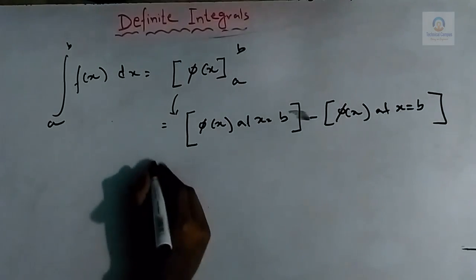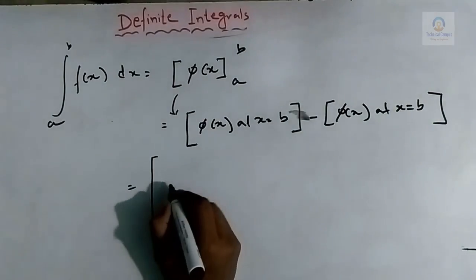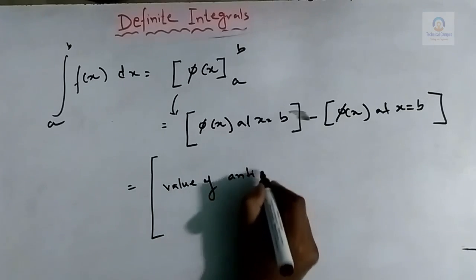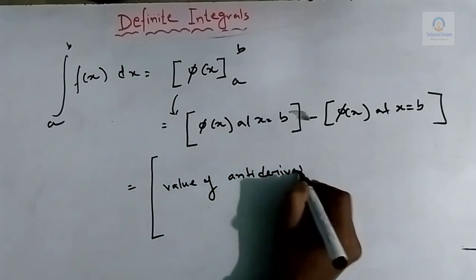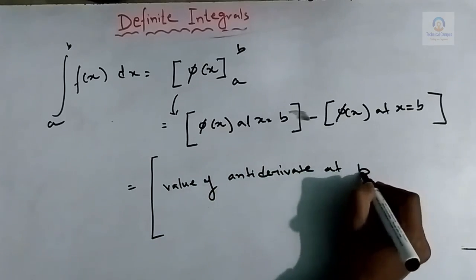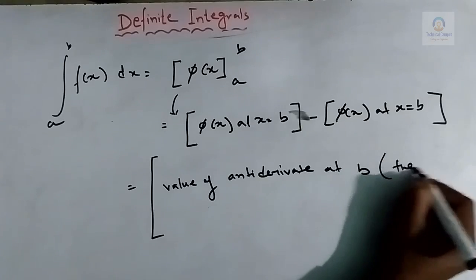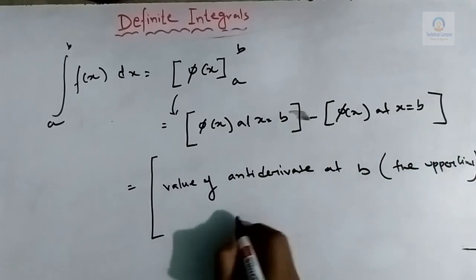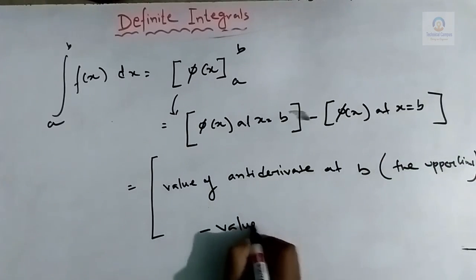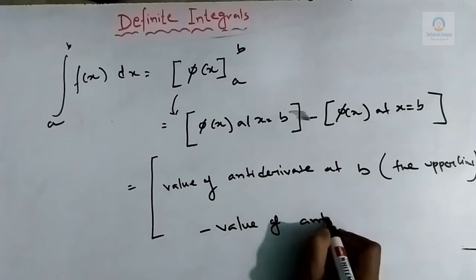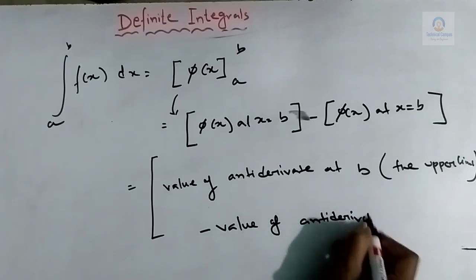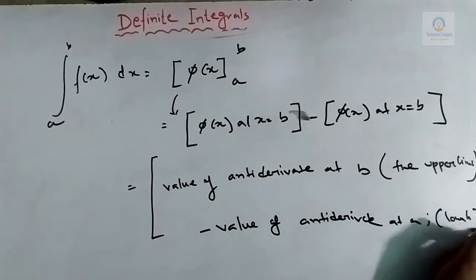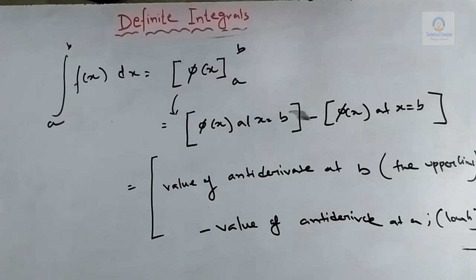Or we can say, from the concept of integration, it is the value of the antiderivative at b, the upper limit, minus the value of the antiderivative at a, the lower limit. So this is the theoretical concept of definite integrals.